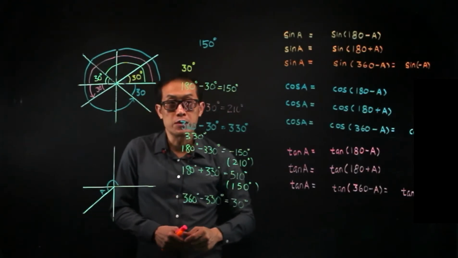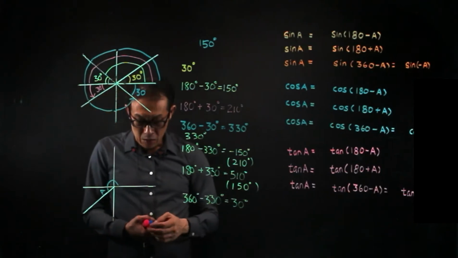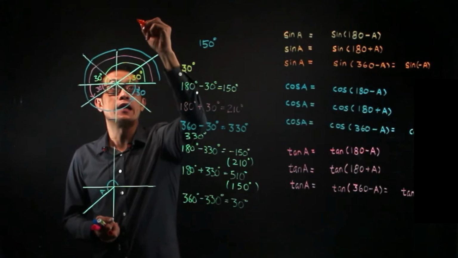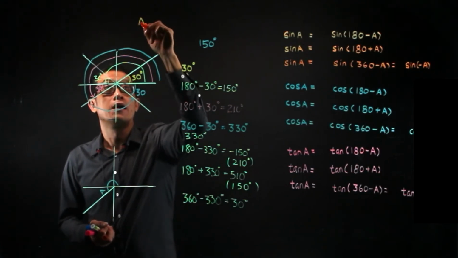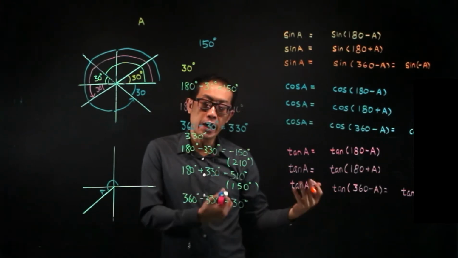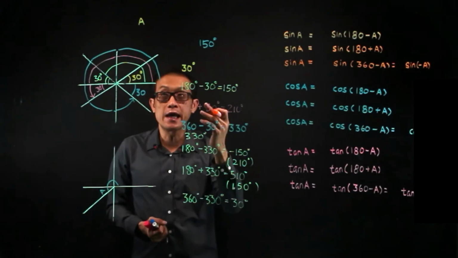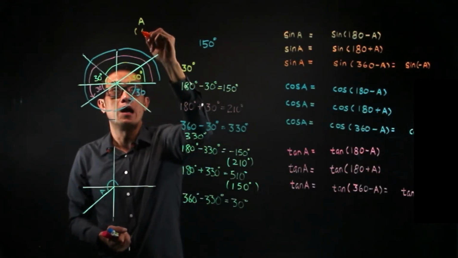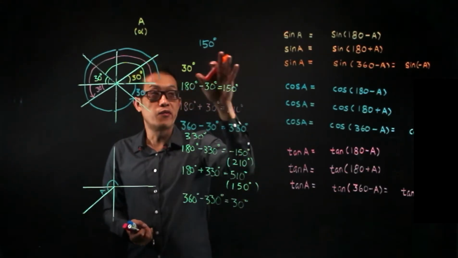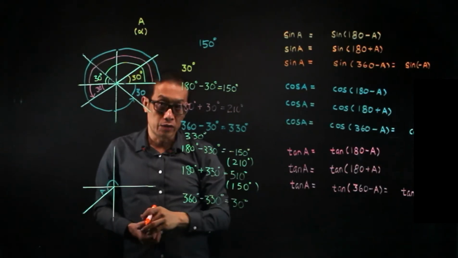Now what I am trying to tell you is, no matter what angle I give you, let's say I give you angle A, what are the other three angles that also have the basic angle that A has? Let's say A has a basic angle of alpha. What other angles also have a basic angle of alpha?